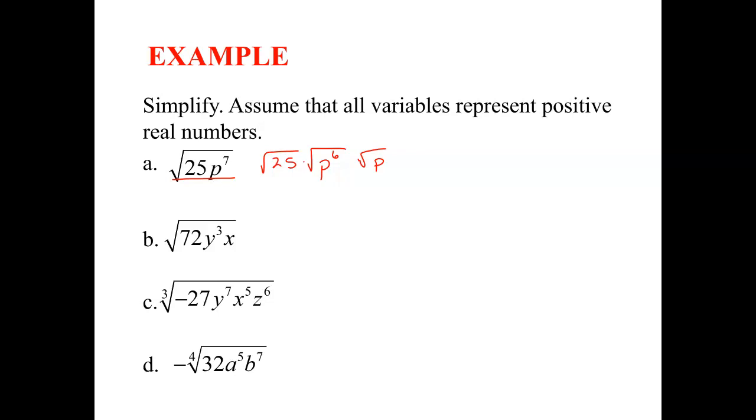So what's the square root of 25? 5. What's the square root of p to the 6th? P to the 3rd. And then I just have that lonely variable inside my radical. 5 p to the 3rd square root of p. I can't square root p, so it stays.